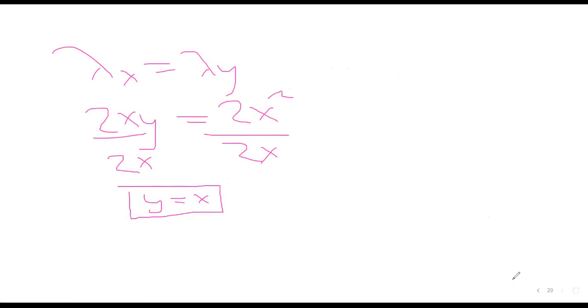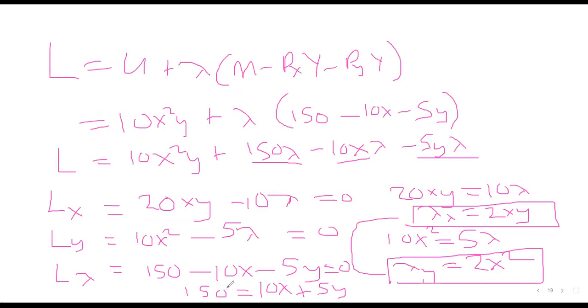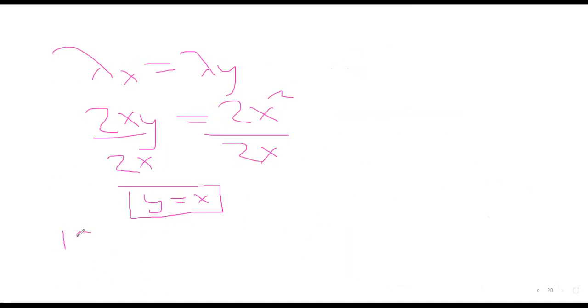Since y is equal to x, we go back to the third partial derivative, which is the budget line. Where there's x, we put y. All right. So 150 is equal to 10x plus 5y. Since x is equal to y, I can put a y there. So this will be 10y plus 5y.